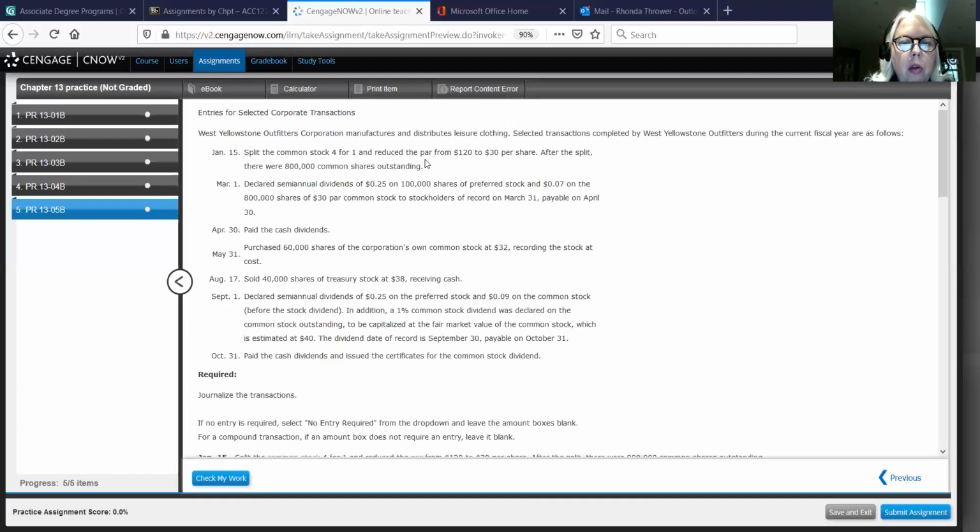The market price will actually be split 4-to-1 too. It also will split the amount that's printed on the stock certificate itself.